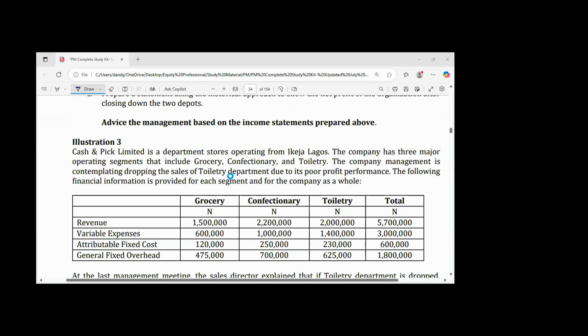Cash and Pick Limited is an assignment, and you have to submit not later than Wednesday. Oh, sorry, I'm still writing. I wanted to write January. It's February 5.